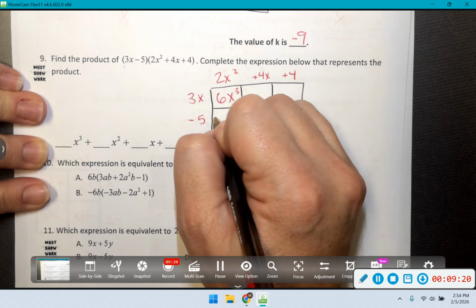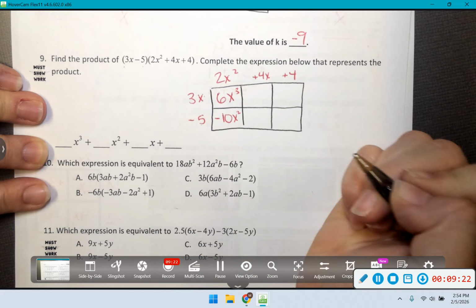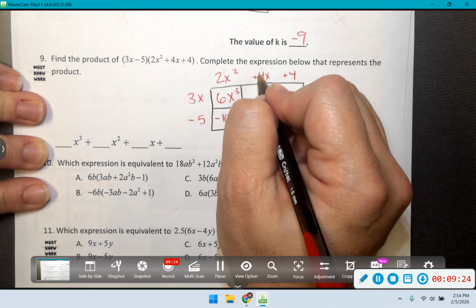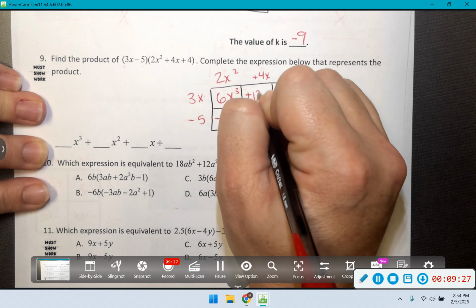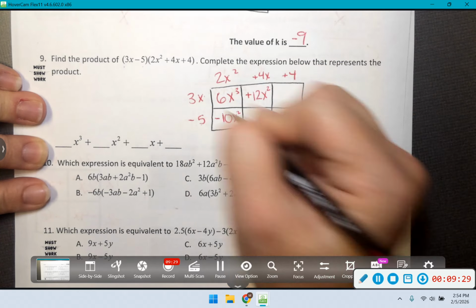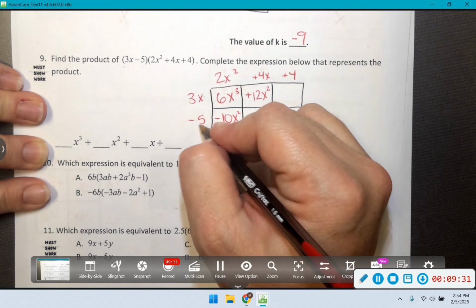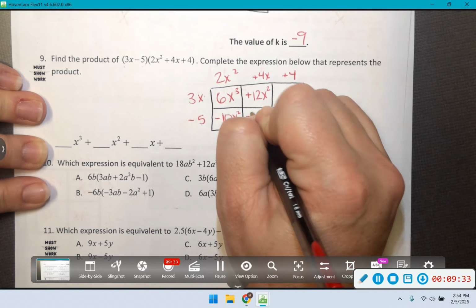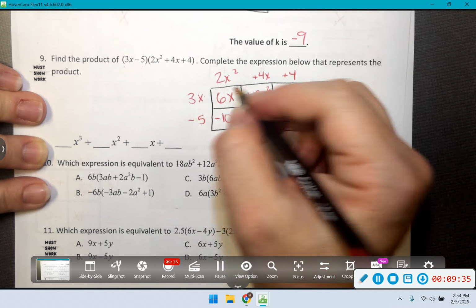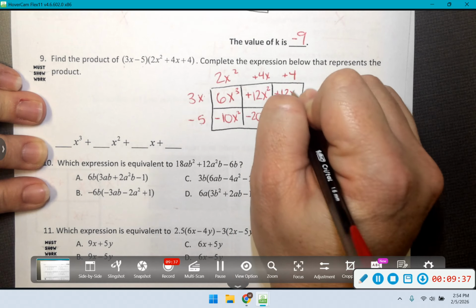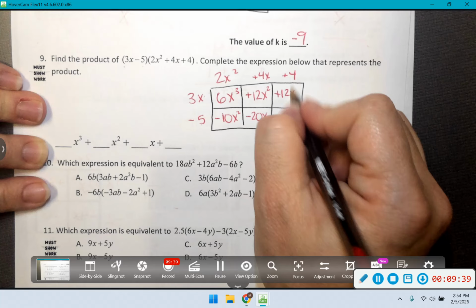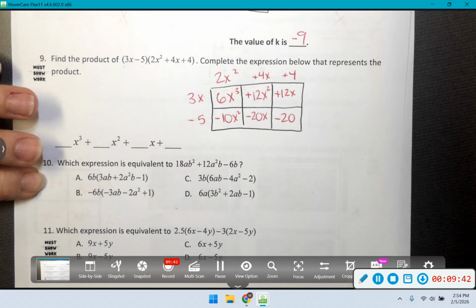2x squared times negative 5 is negative 10x squared. 3x times 4x is positive 12x squared, because x and x. Negative 5 times 4x is negative 20x. Positive 12x, negative 20. Neither of those have an x, so this doesn't have an x.